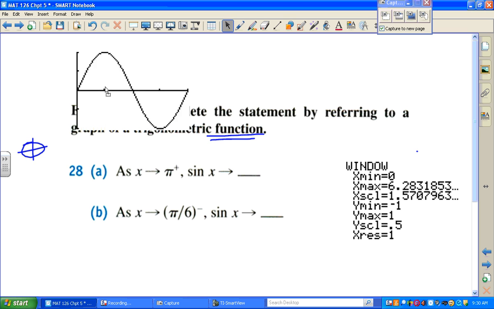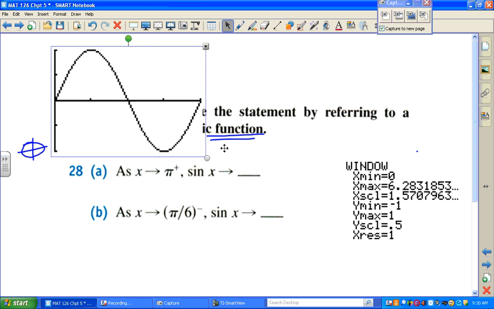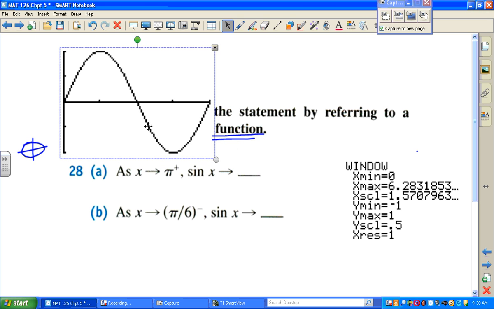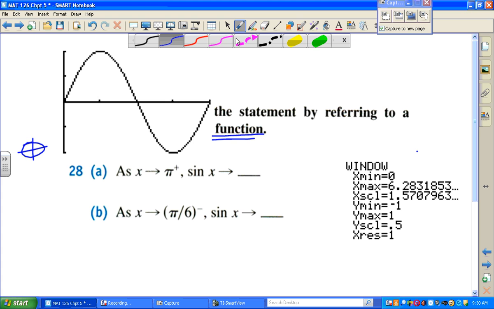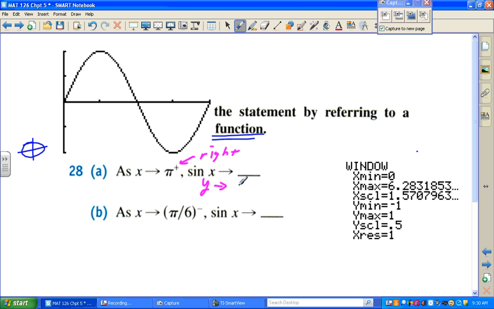You have to understand that this question is asking something very unique. In other books, this question usually isn't even asked till calculus. This question is saying, as x is approaching pi from the right, y is approaching what y value?